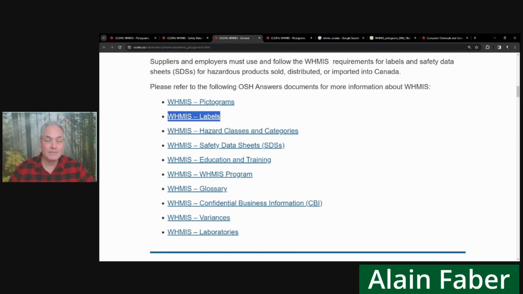They have specific symbols that will help us visually identify different chemicals and what we can do to make sure that we stay safe. The second part is what we call the safety data sheets. Each of these products that we use in the lab or in the workspace will have a safety data sheet to give us information for how to handle those chemicals.